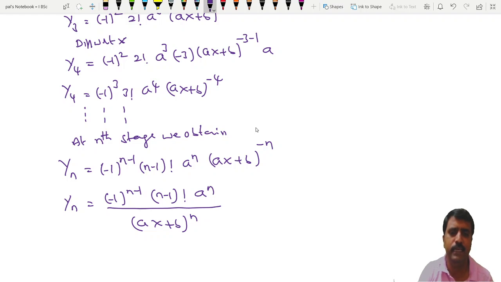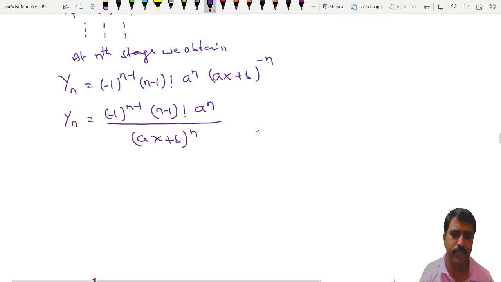This is the nth differentiation of log of ax plus b.